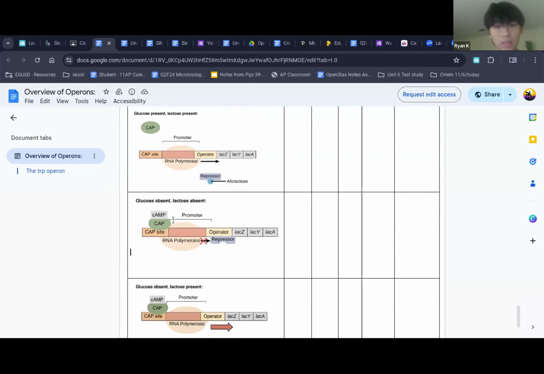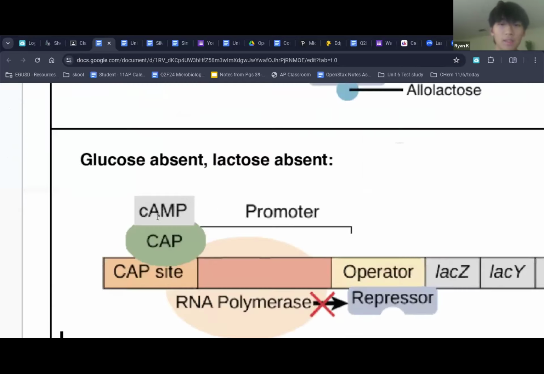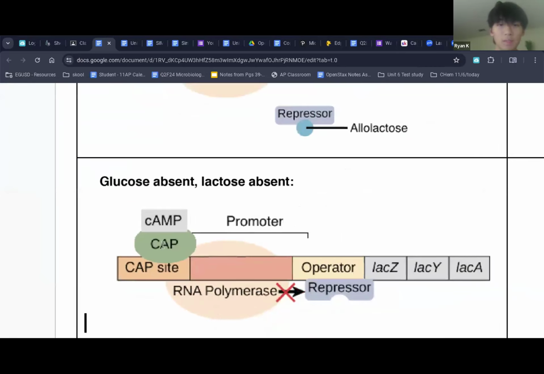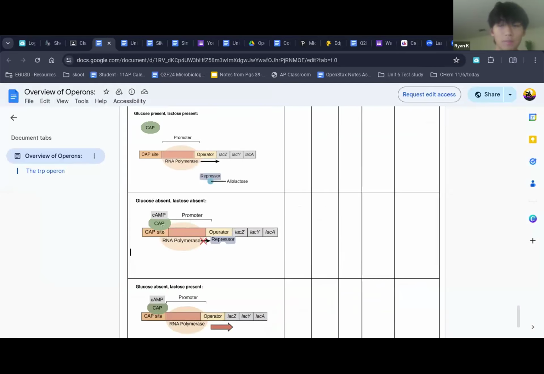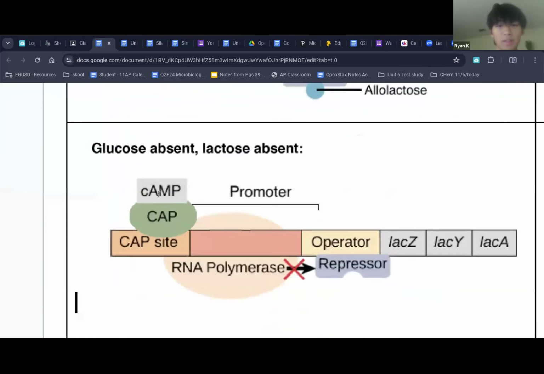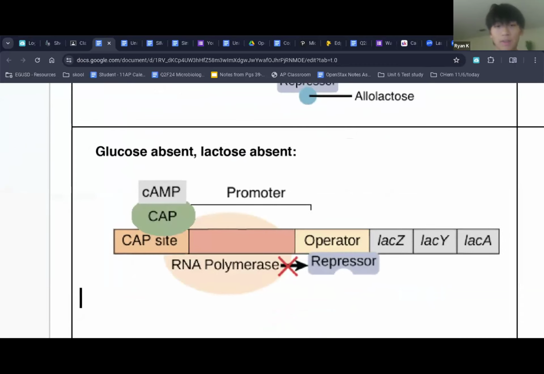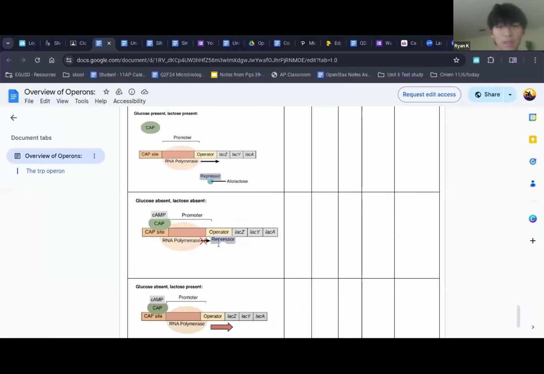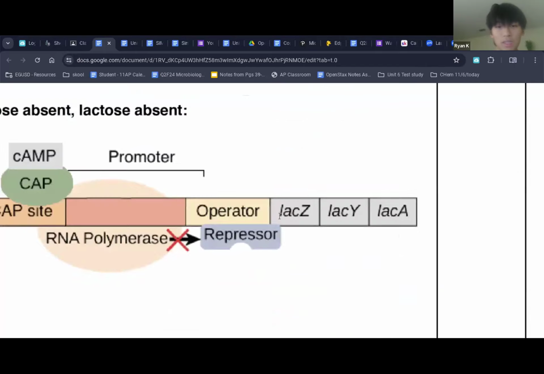We can see that the repressor's on, and the cAMP binds to the CAP. The cAMP tells the cell, hey, we're starving, we need to make this protein faster. And then if the activator and both of these things bind to the site, there's still no food, so there's nothing to eat.